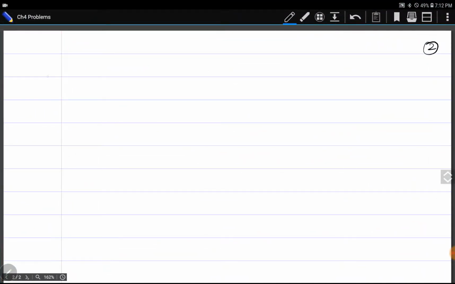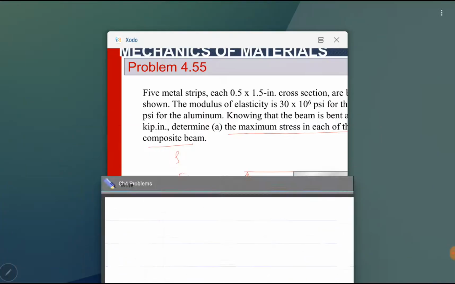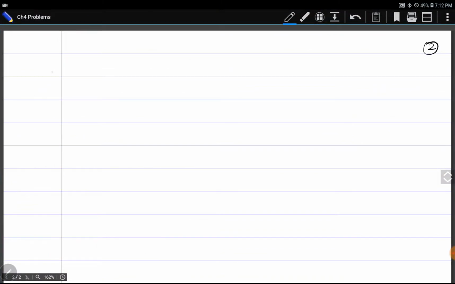Problem number 4.55, I think. Yes, 4.55. N for steel is E for steel divided by E for aluminum. E for steel is given to us.